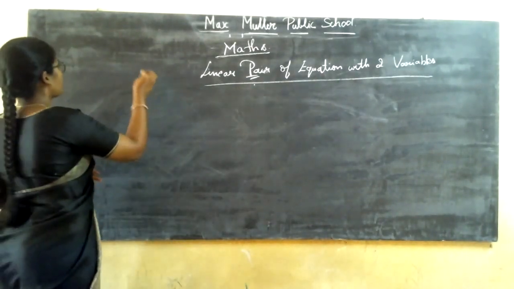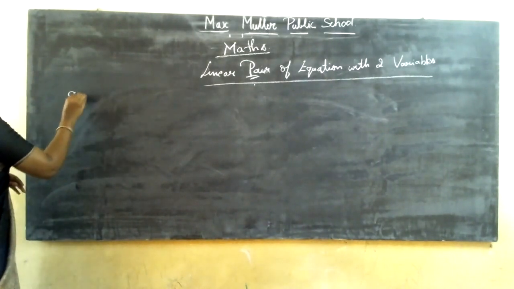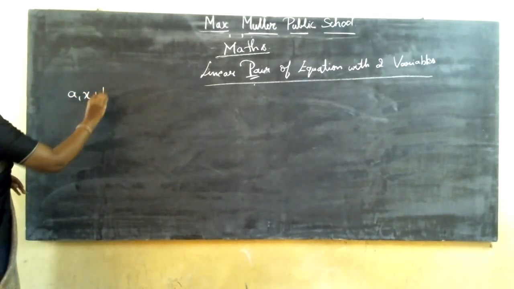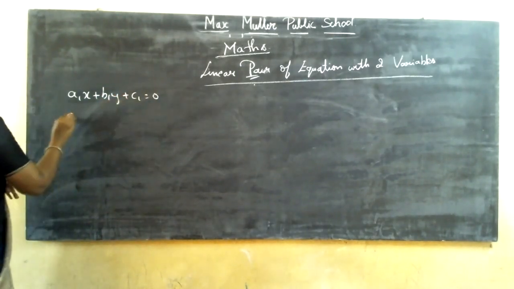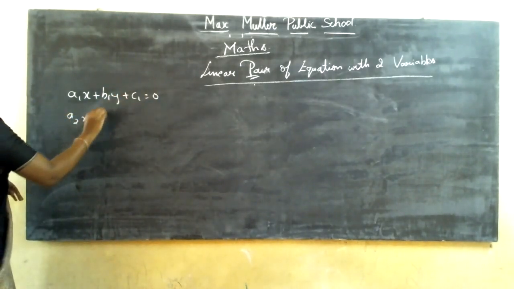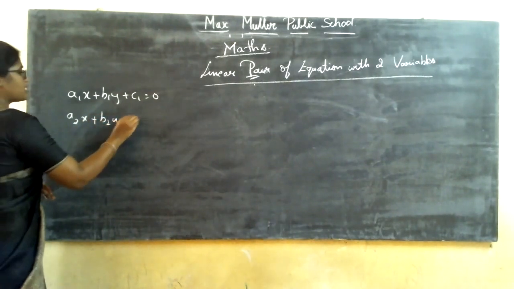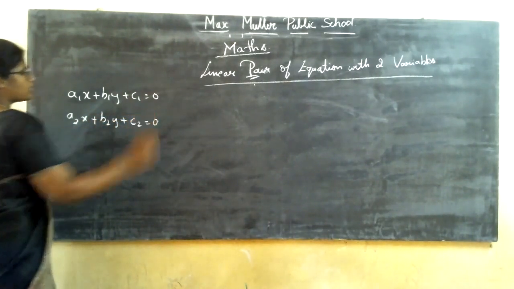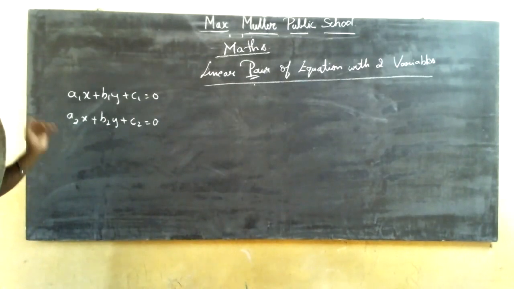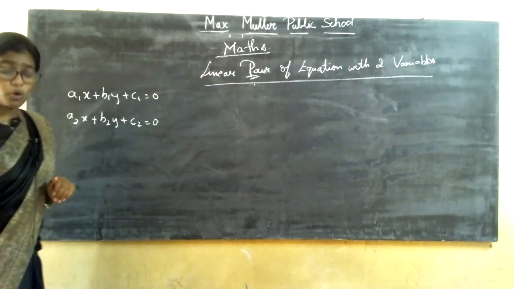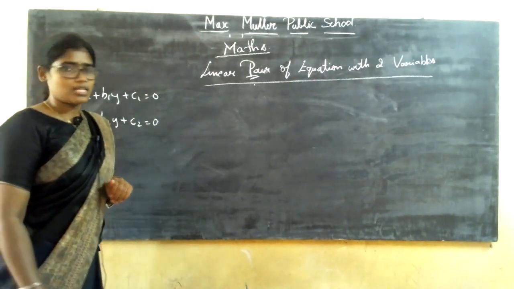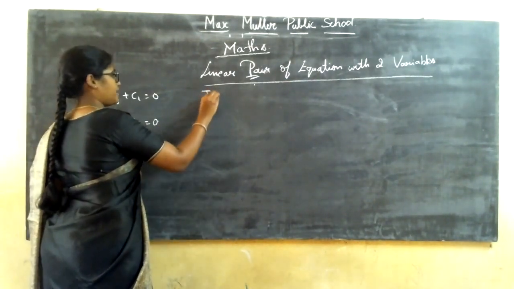Correct? So let me write the two pairs of lines, that is a1x plus b1y plus c1 is equal to 0 and a2x plus b2y plus c2 is equal to 0. This is done. Now you are going to see what the different lines are that you get in the sums. That is the intersecting line.